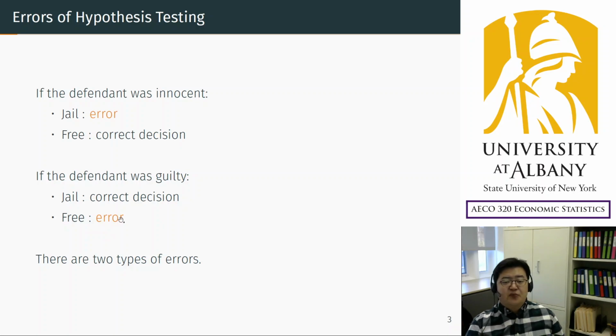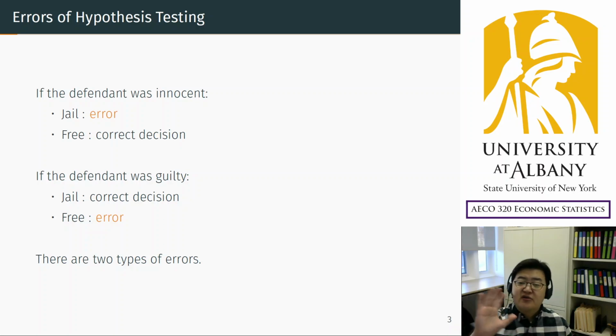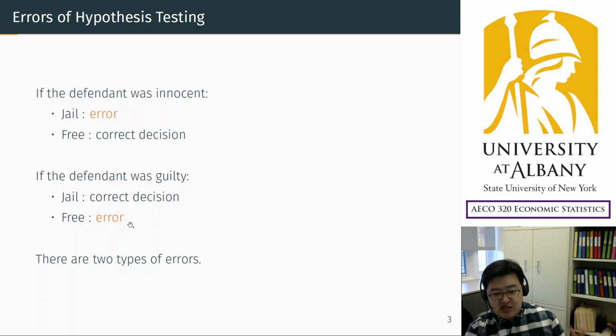So as you can see, there are two different types of errors. Sometimes rejection is an error, and other times non-rejection is an error. Of course, that depends on the truth, which is unknown.